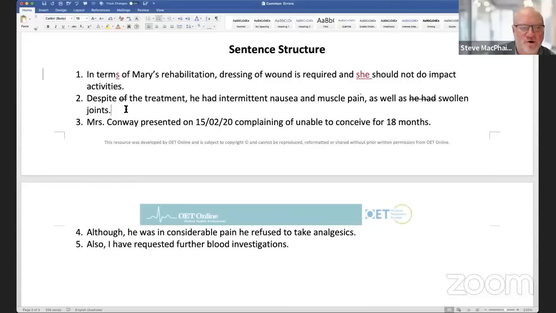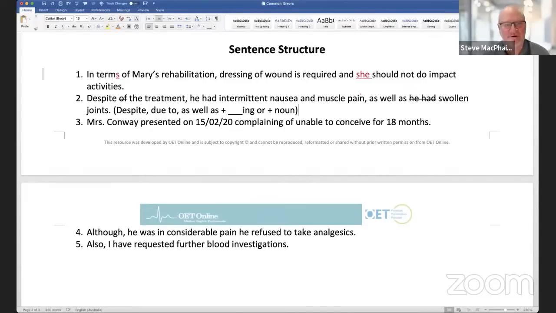So certain words like despite, due to, as well as. Now these words plus the ing or plus noun.